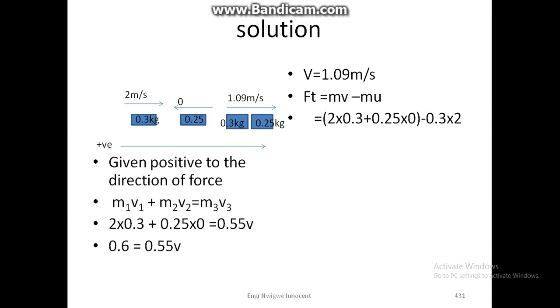Then the mass of the moving train is 0.3 times the velocity, which is 2, plus the mass of the stationary train is 0.25 times 0 minus the mass of the train, which is moving train, which is 0.3 times the initial velocity, which is 2.